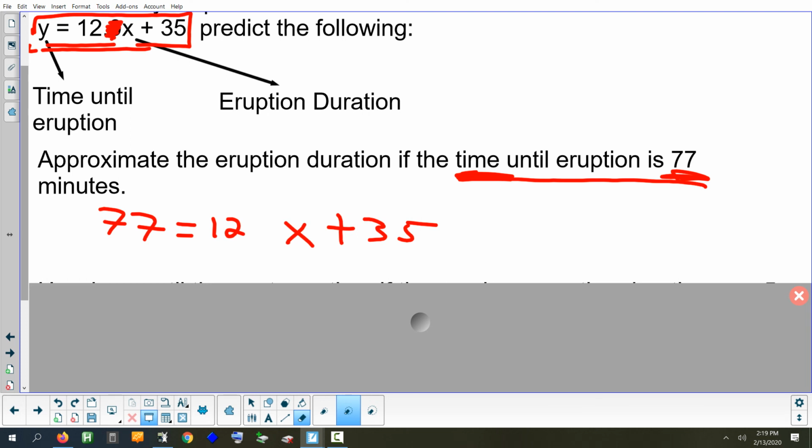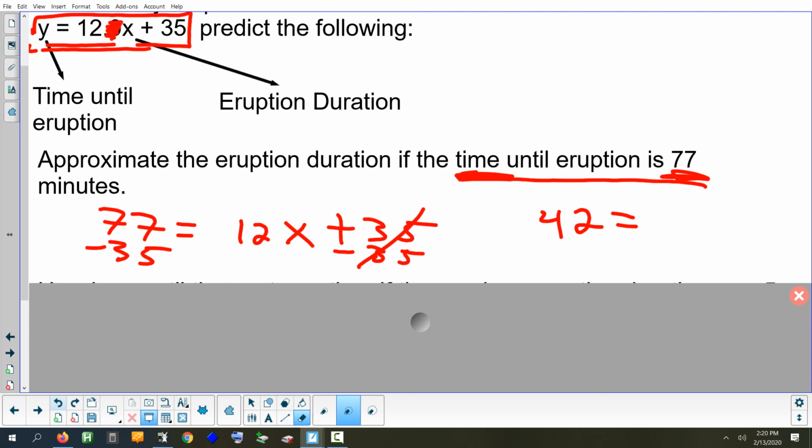All right. What's the first thing we would move to the other side to solve for X? 35. Yep. And how would you move it? Subtract. I'm just going to go over to the right so I have enough space. What's 77 minus 35? 7 minus 5 is 2, and 7 minus 3 is 4.